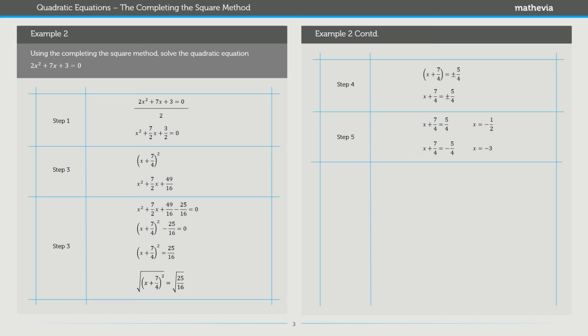So you have x plus 7 over 4 equals plus or minus 5 over 4. It tells you that x plus 7 over 4 equals plus 5 over 4, so x equals minus 1 over 2, or x plus 7 over 4 equals minus 5 over 4, so x equals minus 3. And that is how you solve a quadratic equation using the completing the square method.